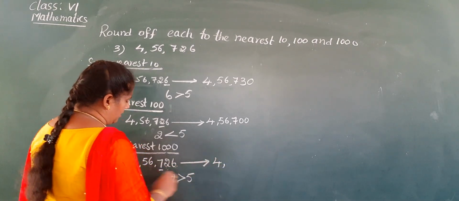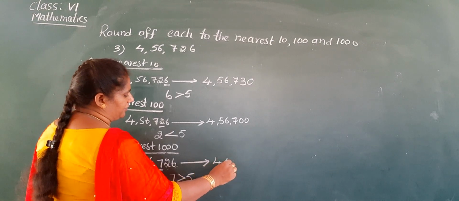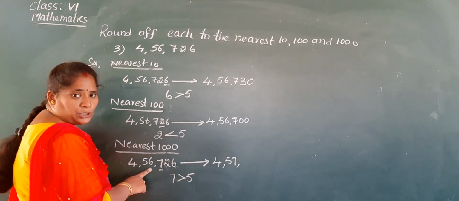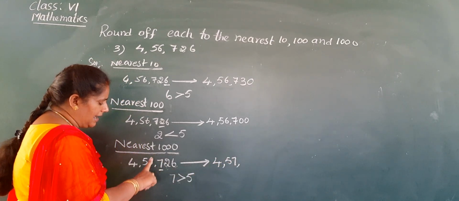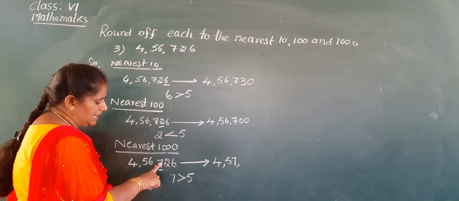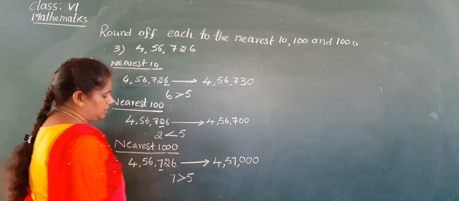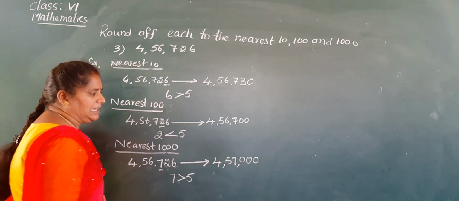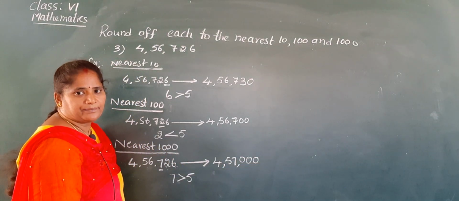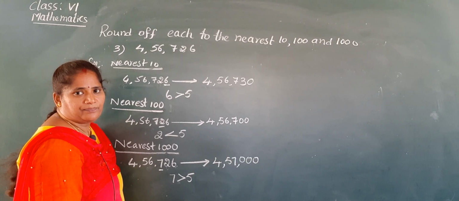So 4,56,000 becomes 57. Add 1 to the thousand. If it is greater, add 1 to the thousands place and keep the zeros in the hundreds, tens, ones. So it is rounded up to 4,57,000. Is it clear?